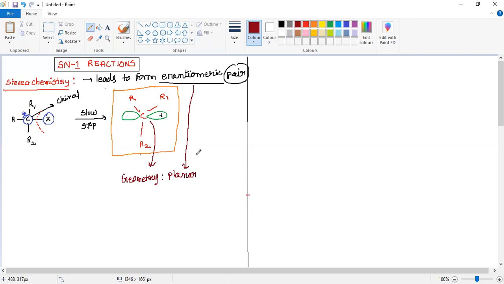Now next, step 2. It should be that fast reaction in which the nucleophile is going to attack. Isn't it? The nucleophile attacks here. This should be the fast step. So here the nucleophile is going to be here. See, better that we get an enantiomeric pair. That means the nucleophile can attack in two different paths. See, let it be if the nucleophile attacks over here, the carbocation of this one, then let it be taken as path 1.